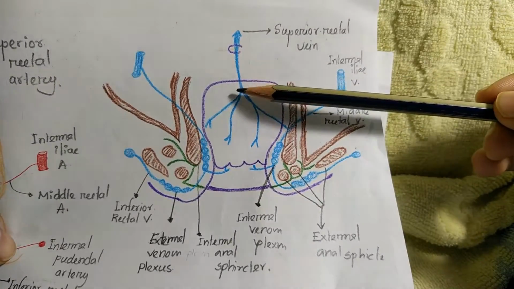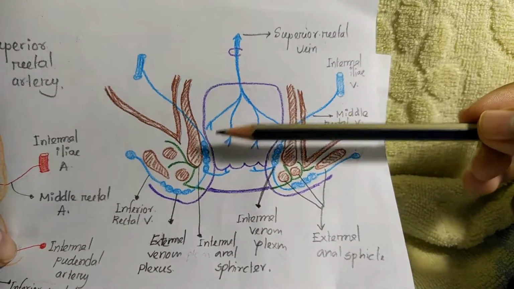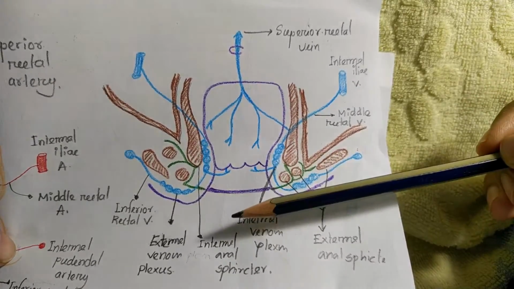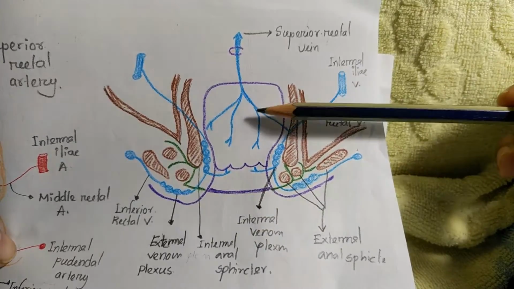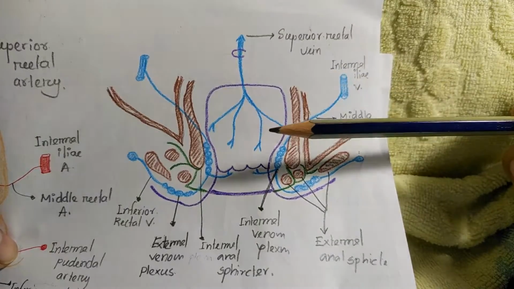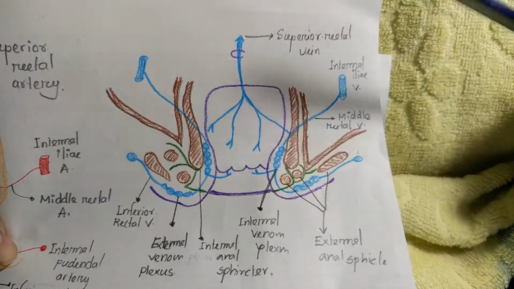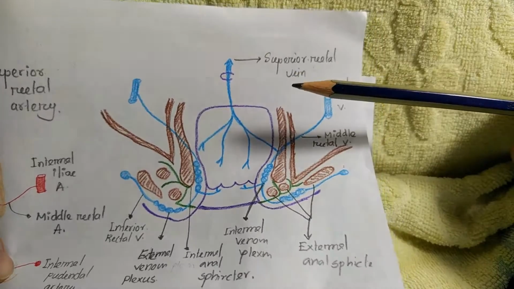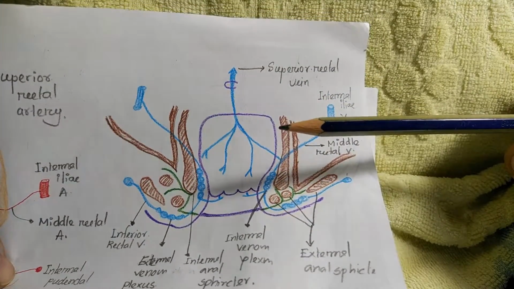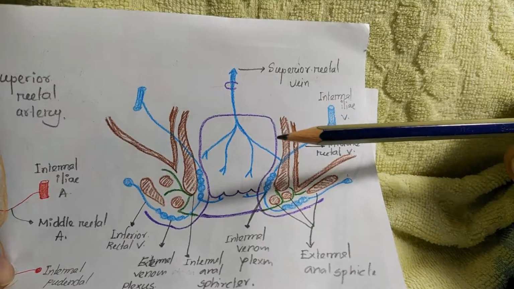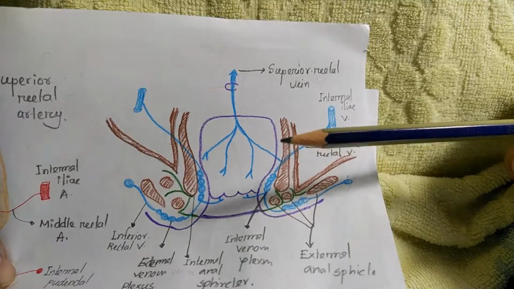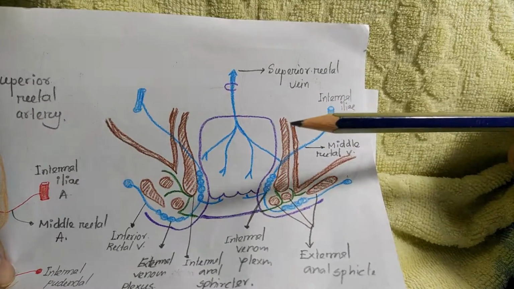So the right sided branch will divide into 2, one anterior and one right lateral, but the left sided branch is single, that is the left lateral branch. It has some surgical importance because these 3 branches will make the hemorrhoidal cushion, the internal hemorrhoidal plexus.